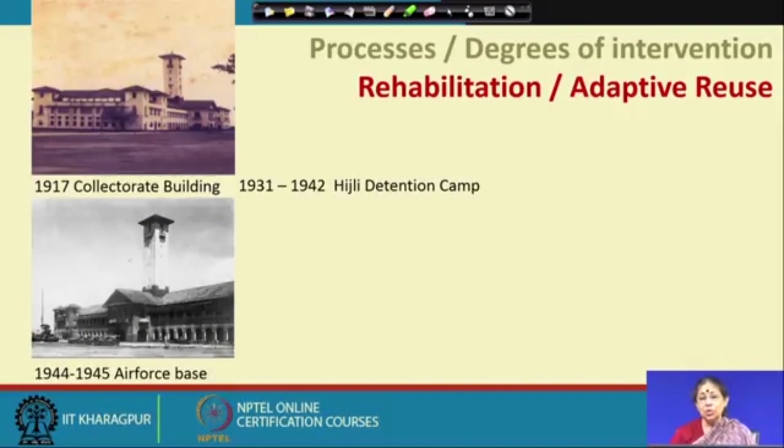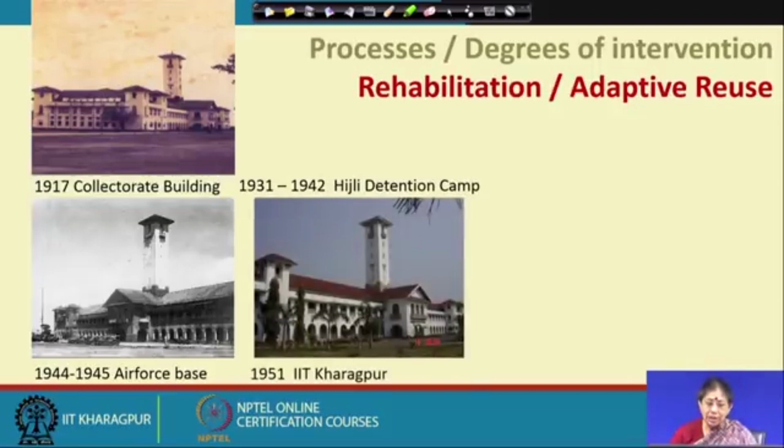After the war was over, after our independence, it was decided that a new system of technological education would be established. So this building, along with its huge site and surrounding area, became the first IIT. In 1951, IIT Kharagpur started here as the first IIT in India.